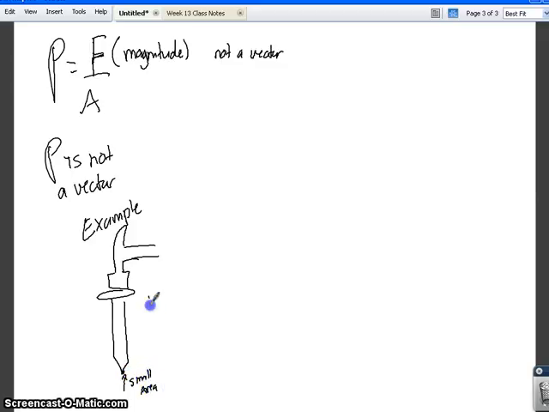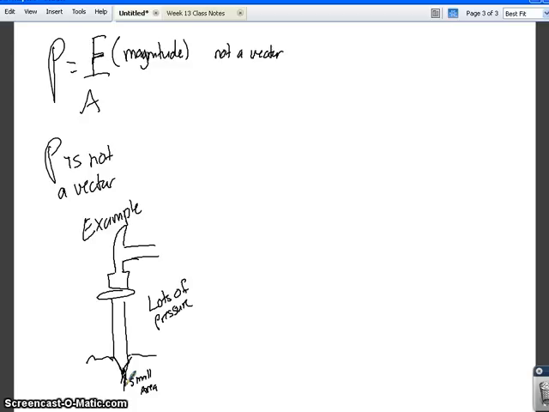Small area, lots of pressure. These nails do damage because they apply so much pressure. That's the point. If we go over a very small area, it will pierce into a material like wood and cut right between it, because it's applying so much pressure.